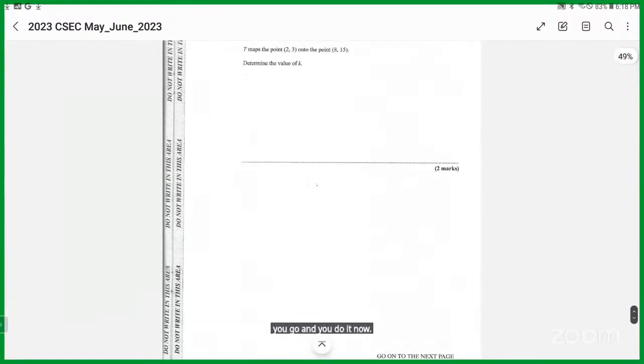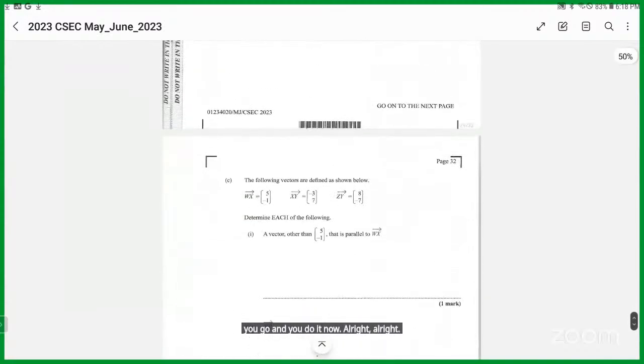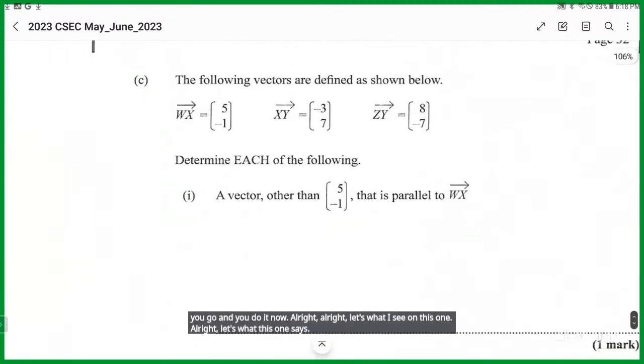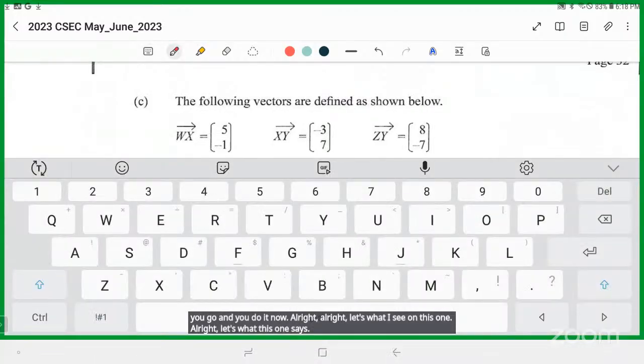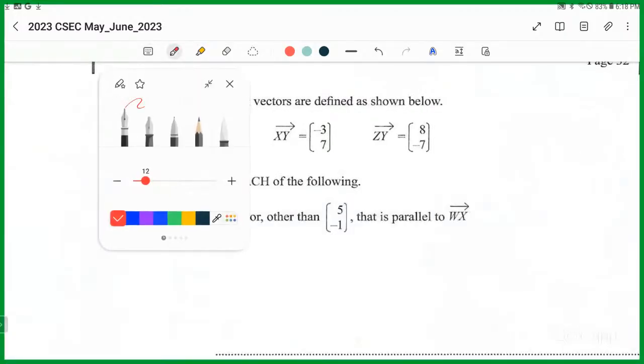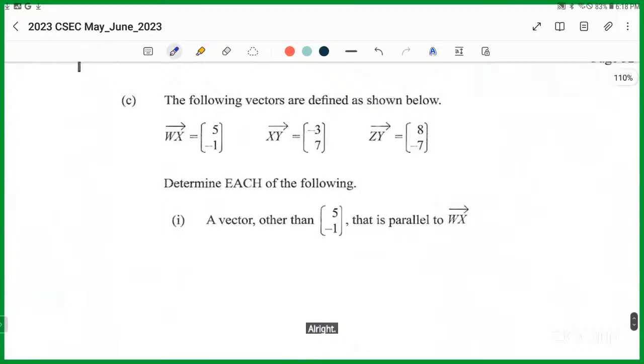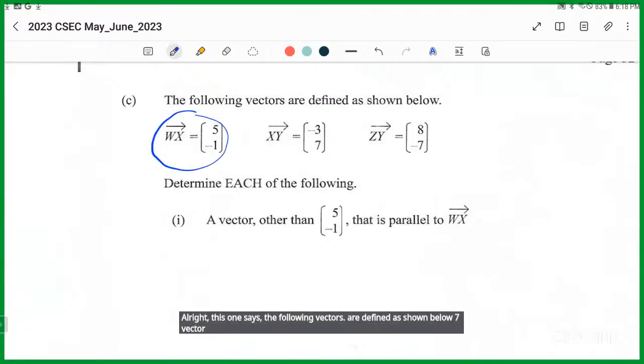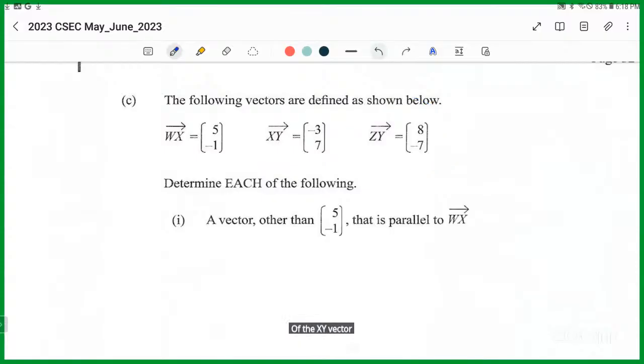Alright, let's do part C on this one. This one says the following vectors are defined as shown below. So you have a vector WX, a vector XY, and a vector ZY.